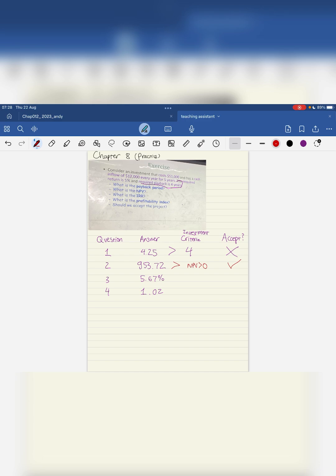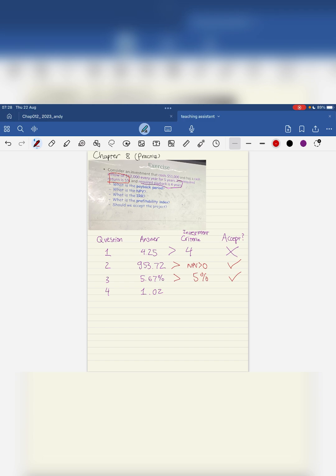As I have explained in the previous video, we will accept the project if the IRR is higher than the required return, which is 5%. So 5.67 is larger than 5%. So we also accept the project for the IRR method.